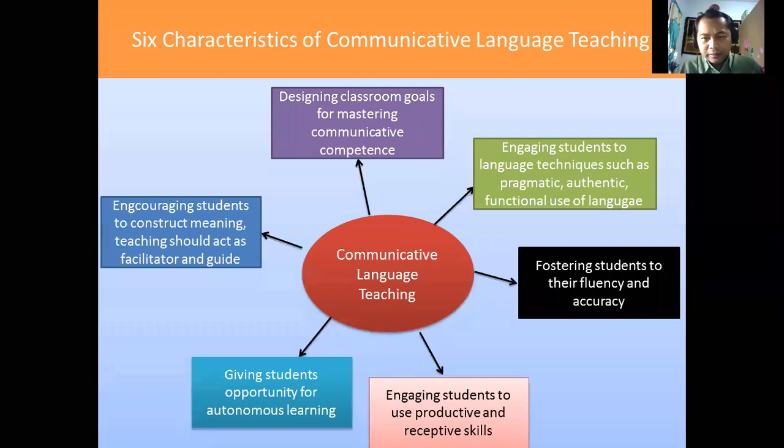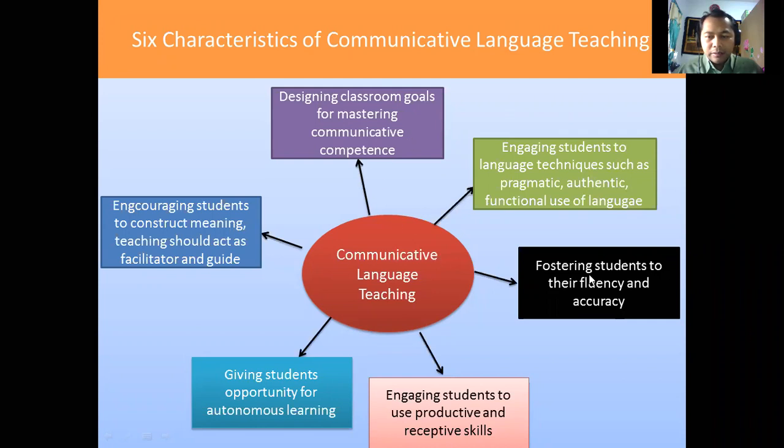That's the first thing. And the second characteristic is engaging students in language techniques such as pragmatic, authentic, functional use of language for meaningful purposes. We also have discussed this.